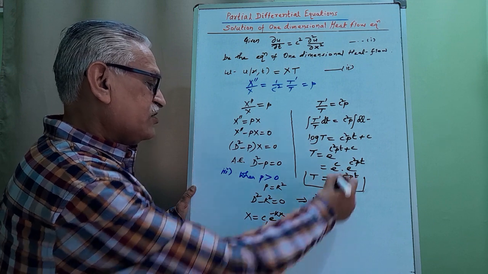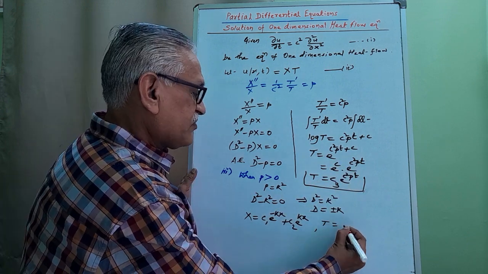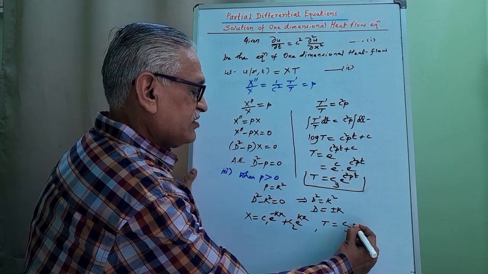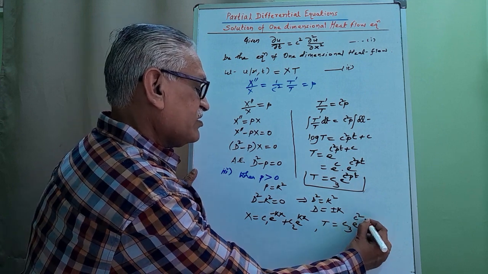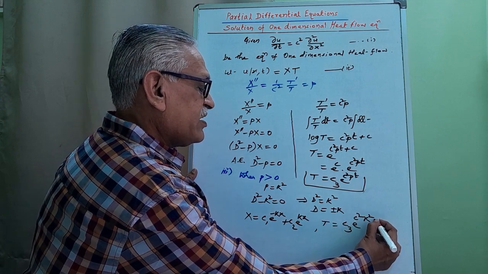and therefore capital T is c3 e raised to c square k square t.